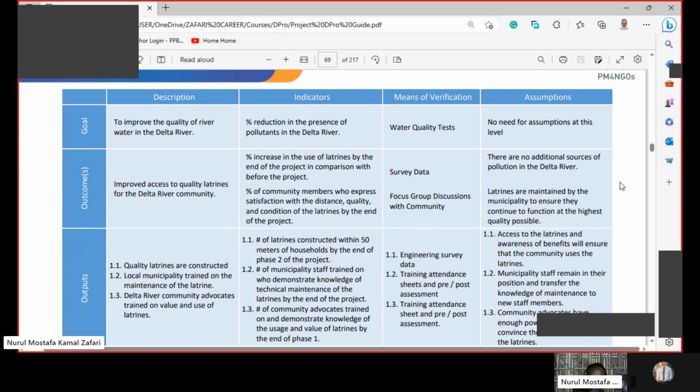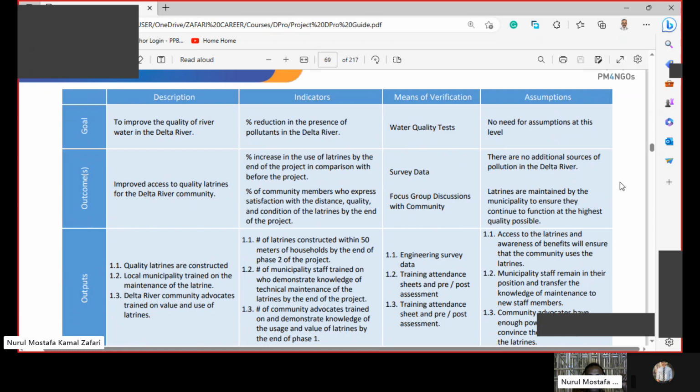But now outcomes, outputs. We have three outputs. Quality latrines are constructed, Output 1. Local municipality trained on the maintenance of the latrine, Output 2. Delta River community advocates trained on value and use of latrines, Output 3.